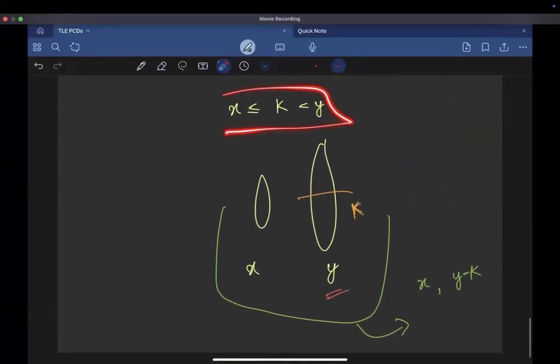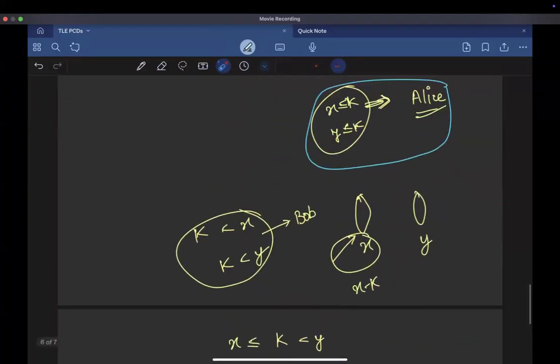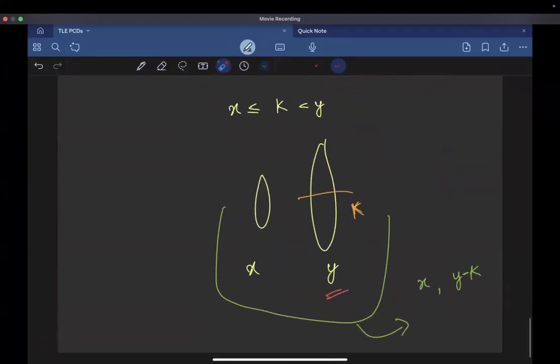Now for the case when k is greater than one of the integers and smaller than the other, let's consider this exact case where k is greater than or equal to x and smaller than y, because we have covered all the other cases. Then here, if you take the smaller pile, Bob will just take down the larger pile completely and you will not have any move to make.